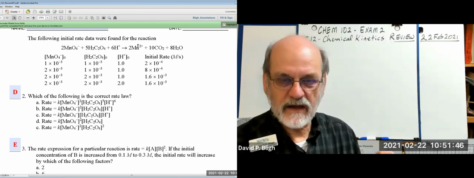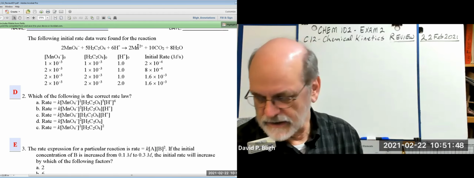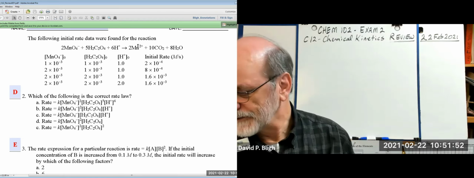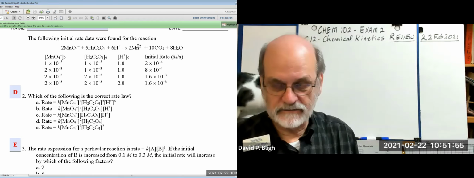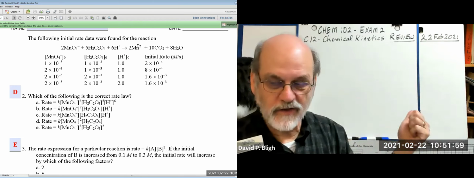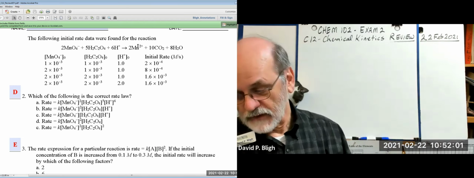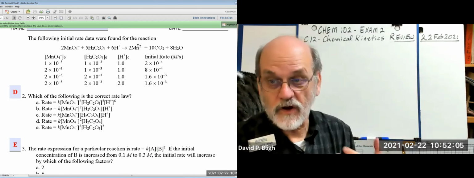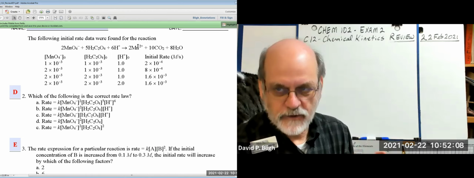And then you get a complicated, let's see, what's the right term for that? You get a mixed order reaction because you got an order going one way and an order going the other direction. So for the overall reaction, we can't do that. Now you can deal with it when you're talking about mechanisms, but not for the overall reaction.